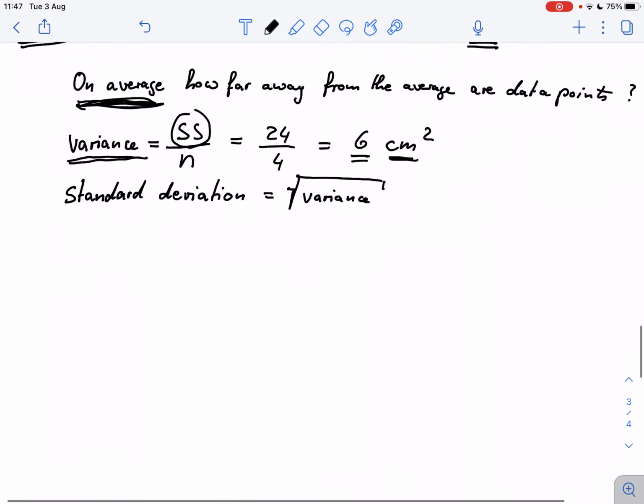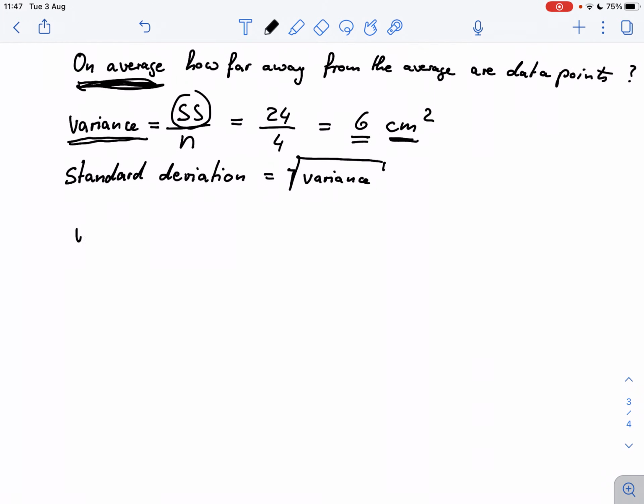So the equation for the variance, the general equation for the variance, would be, we take the sum, and when we discussed the average, we introduced the sum sign.